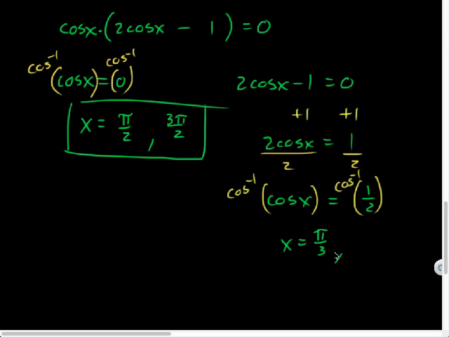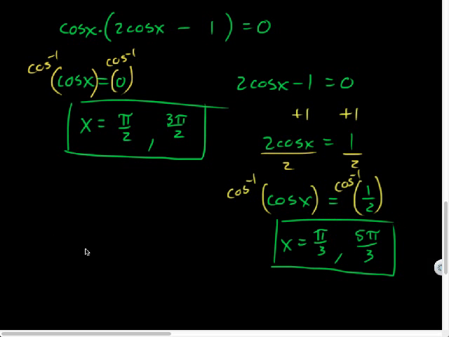And now question, when else between 0 and 2 pi, which quadrant is cosine positive? Fourth quadrant. So in the fourth quadrant, if I have a reference angle of pi over 3, 5 pi over 3 would be the other angle.